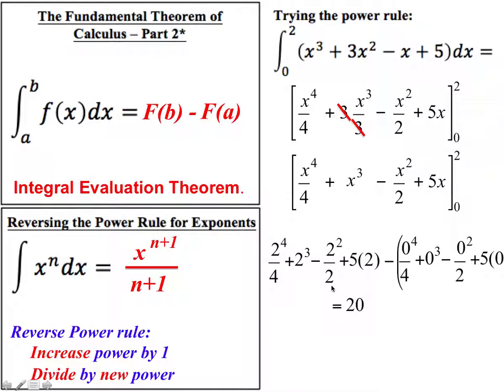Then I subtract 2, that makes 10, plus 10 is 20. So this definite integral has a value of 20, which is really the region between the function and the axis from 0 to 2.